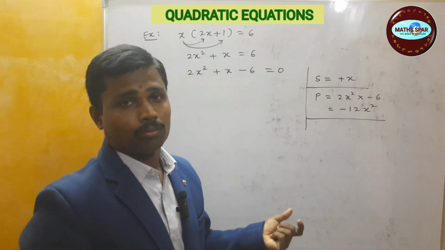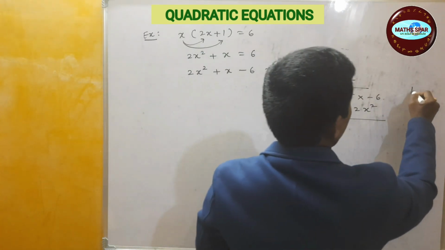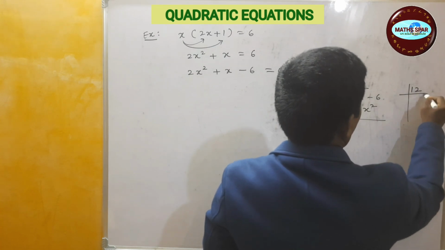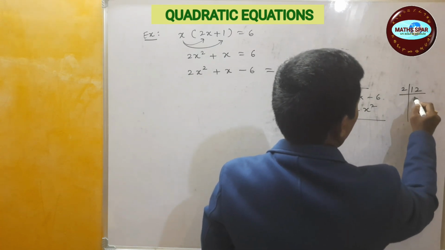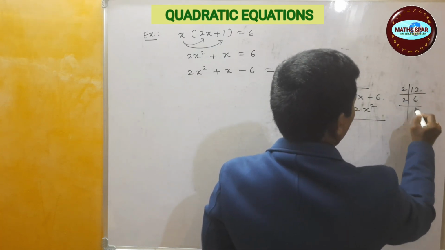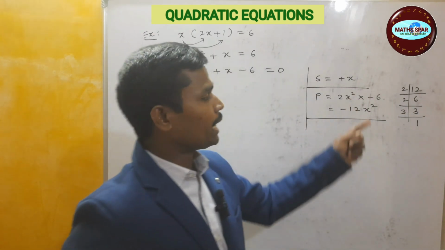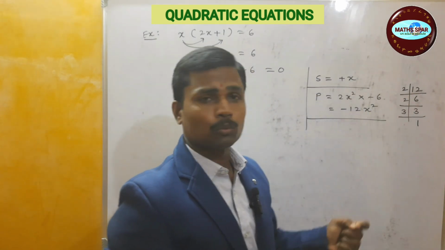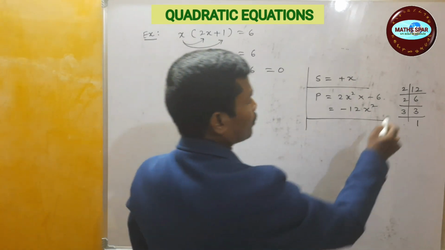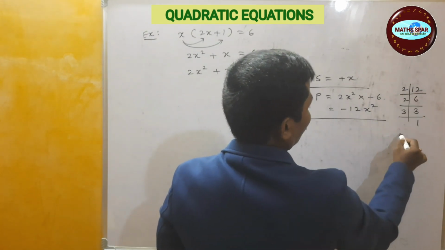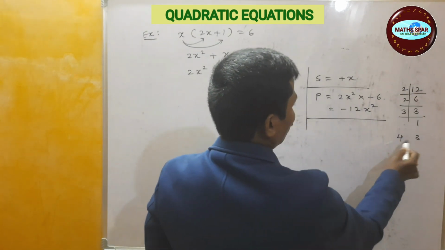And how do we know about them? Go for prime factorization. 12: 2, 2, 3. Now 2 into 2 into 3 is nothing but 12. Now you check. 2 into 2 is 4 and 3 is there. 4 and 3.